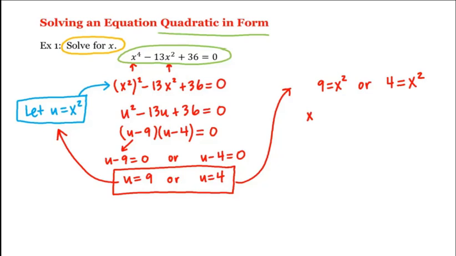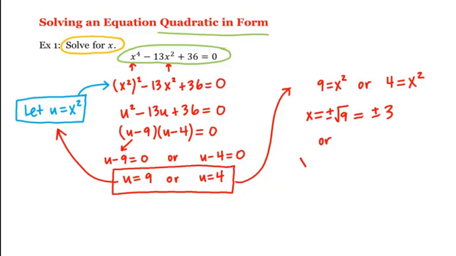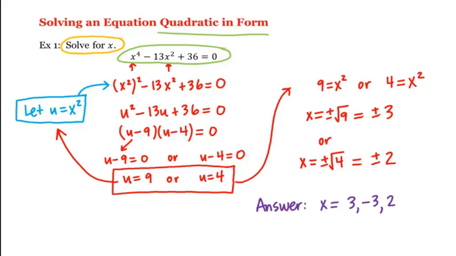And then taking the square root of each side, we get x is equal to plus or minus the square root of 9, which is equal to plus or minus 3, or x is equal to plus or minus the square root of 4, which is equal to plus or minus 2. Therefore, our answer is x is equal to 3, negative 3, 2, or negative 2.